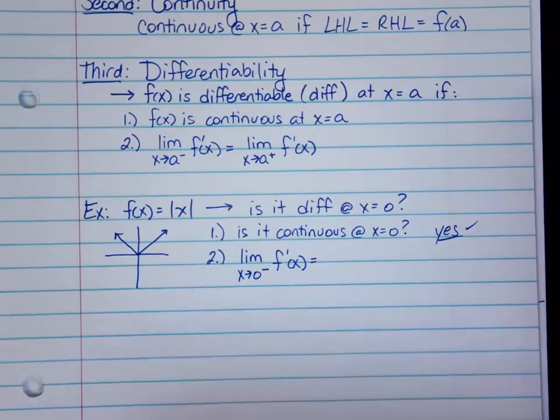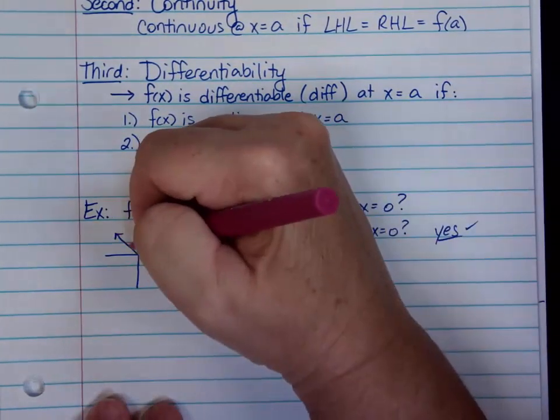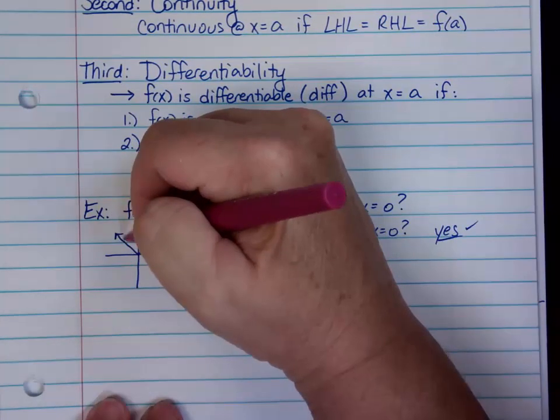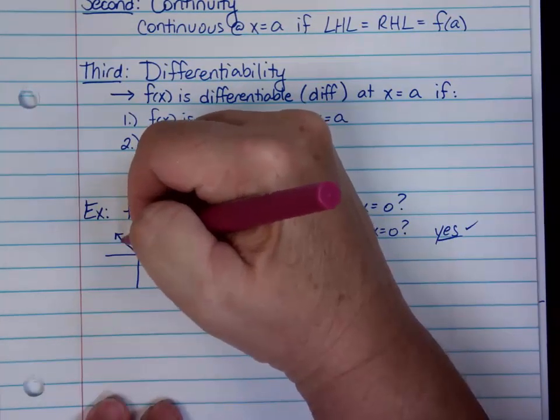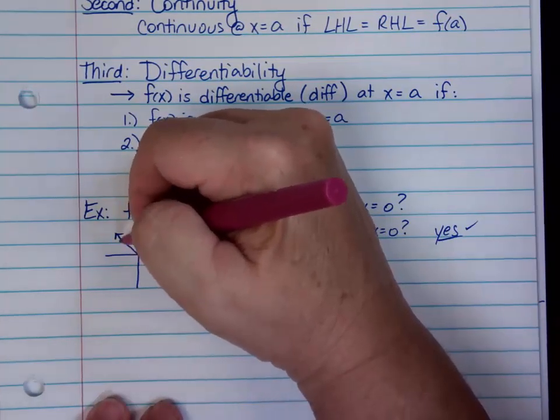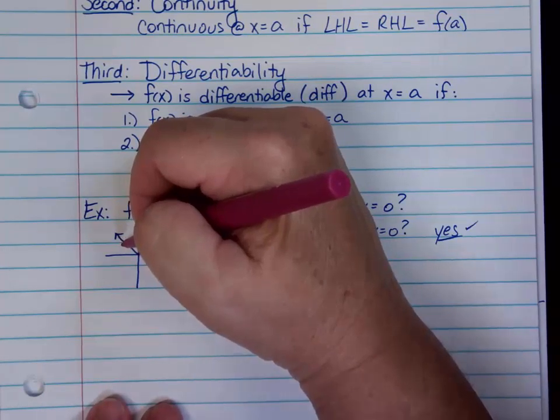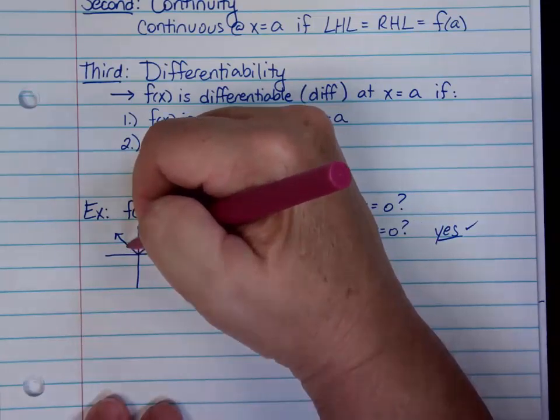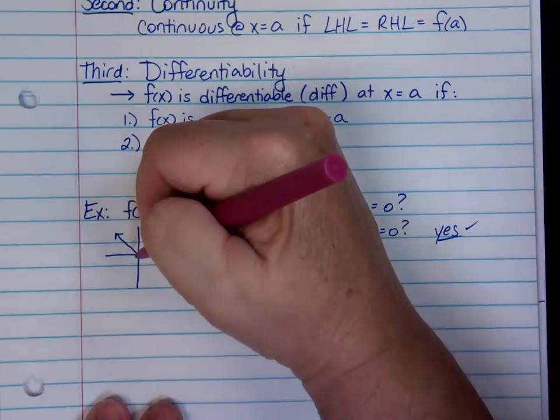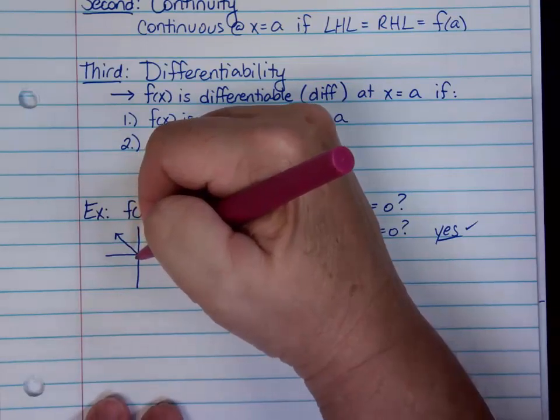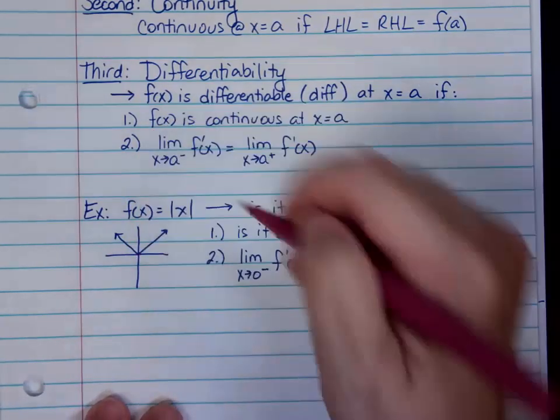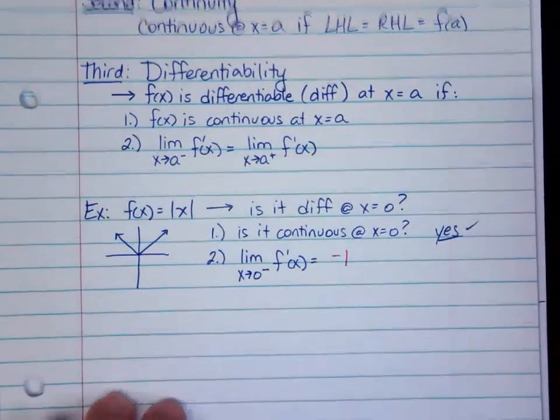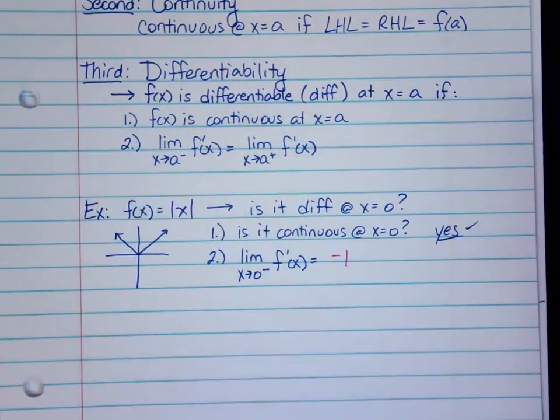Okay. What is the slope of this piece of line? No, not the equation, what's the slope? It's -1, right? Now the slope is -1 at every single point on that line. Do you agree with me? So as I get closer and closer to 0, it looks like the slope at 0 should also be what? -1. So the limit of the slope of the left-hand piece of line is -1.